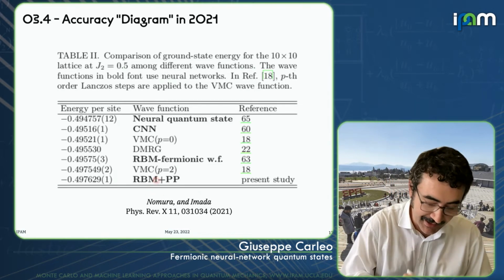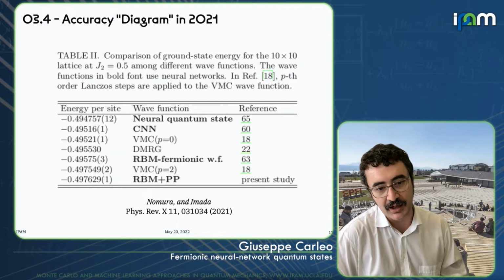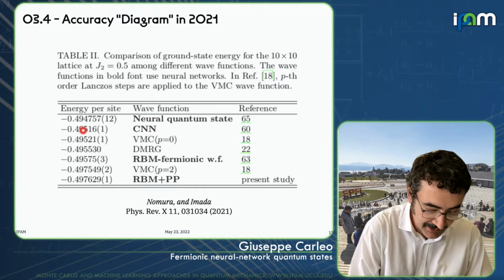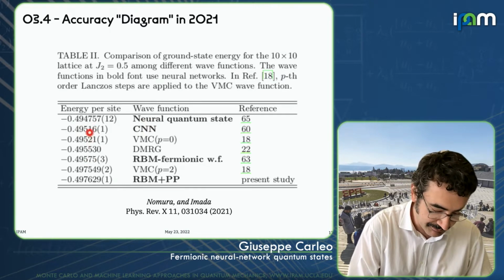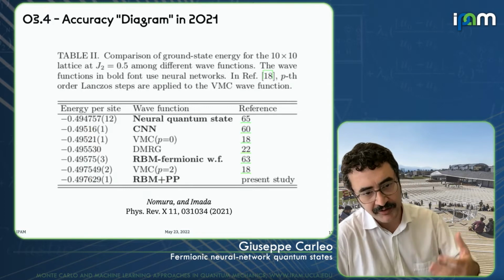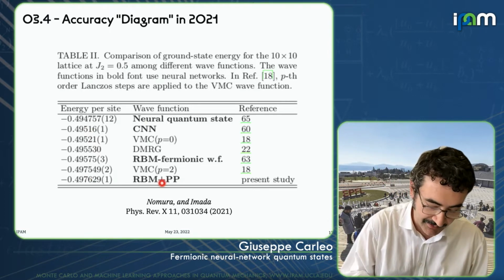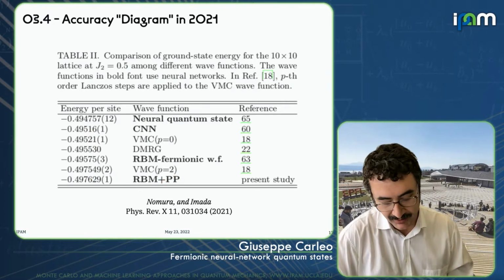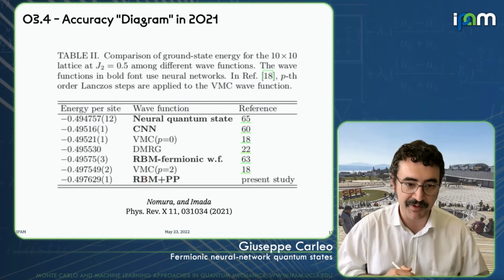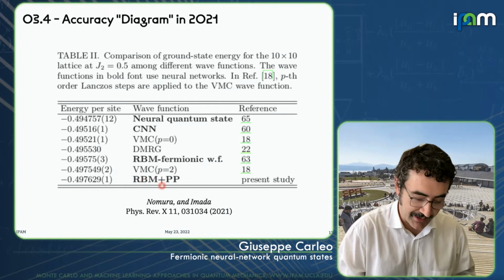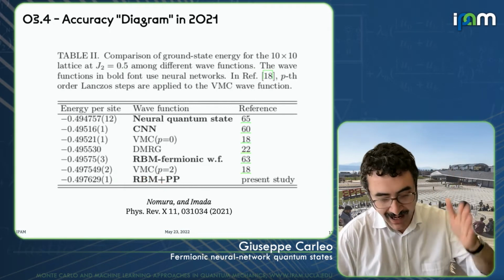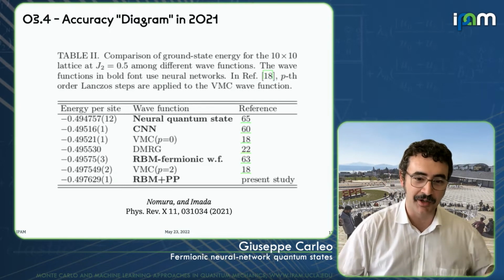So the main trick that they used here to improve on our original CNN results that you can see here, that were relatively higher than this one that they got at the end, is essentially the idea of combining symmetries and these neural network representations more efficiently. So they take linear combinations of non-symmetrized wave functions.